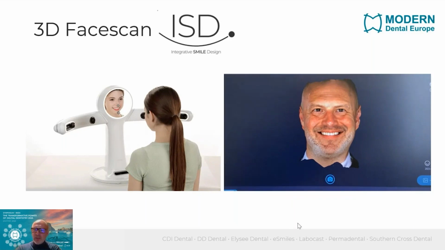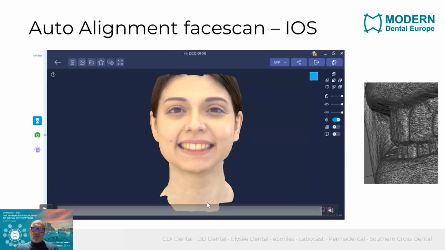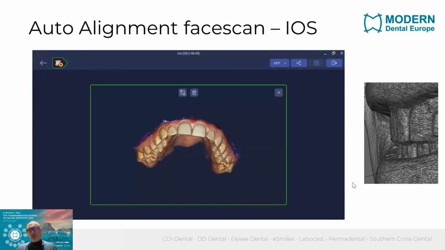Nice to know is that there is one camera in the middle which captures the oral environment very, very detailed. So you see here on the picture, the mesh actually is very accurate. And we need this in the software for the alignment step between the actual face scan and then our intraoral scanners.